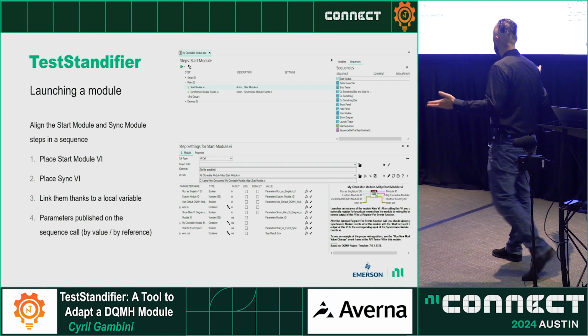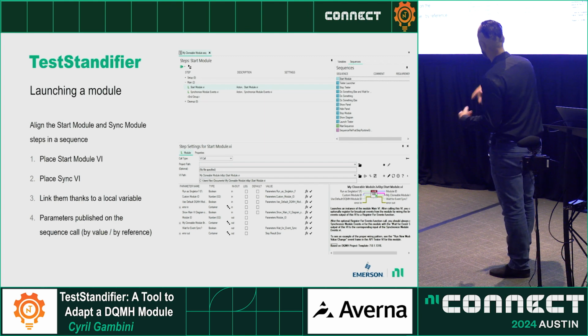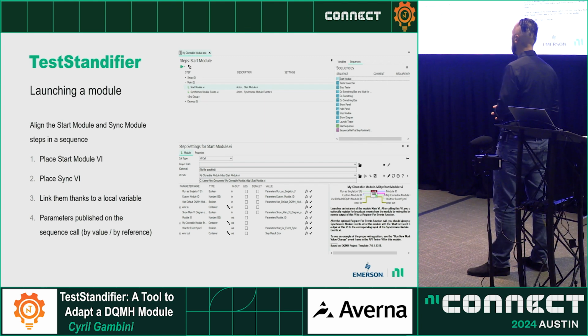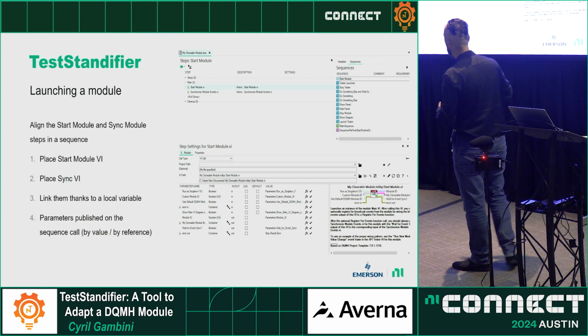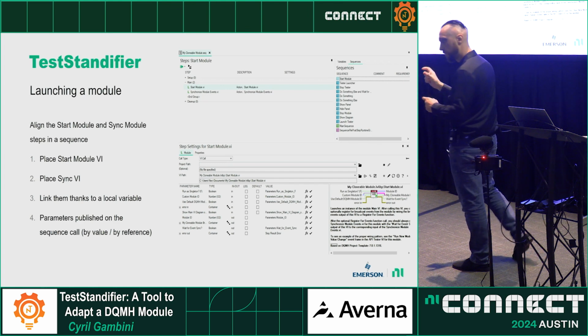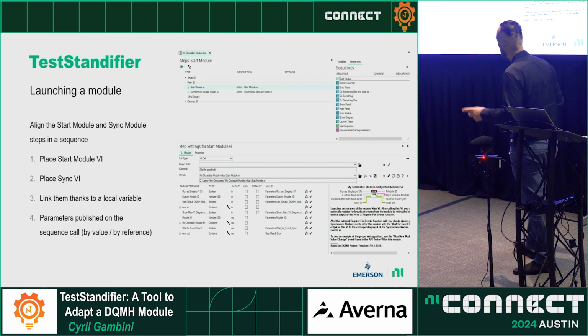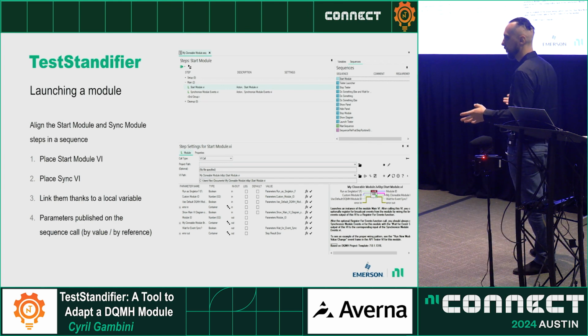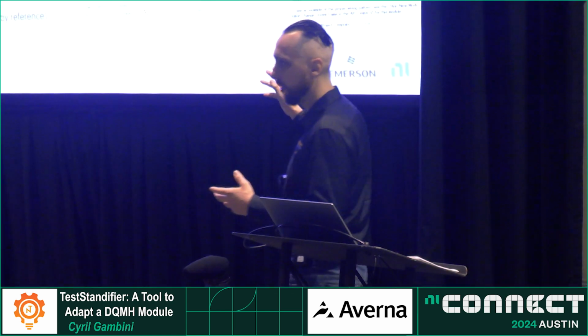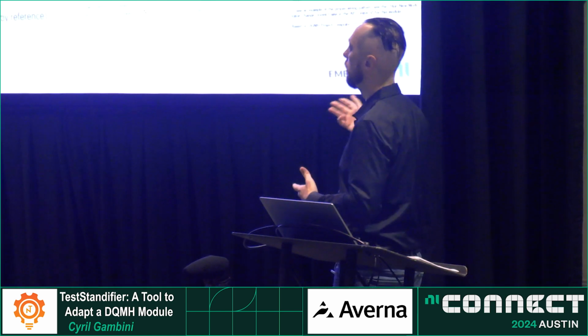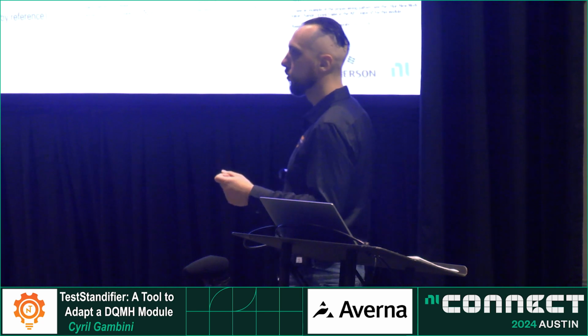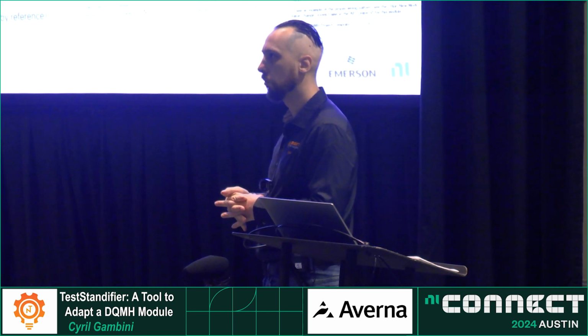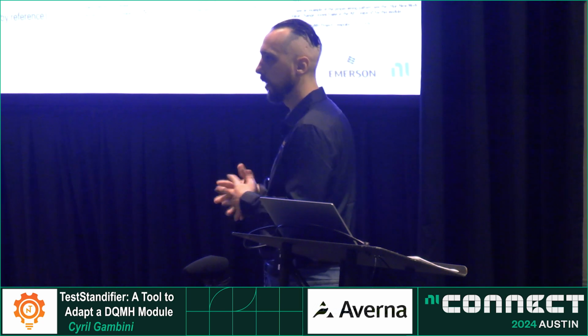Inside, automatically we call the start module VI and synchronize module events, and we automatically link them together inside that subsequence so that you can start and sync directly from your sequence. All that job to launch a module is done by the TestStandifier for you. You don't have to care about it. You just call a launch module and it will do synchronization right for you.